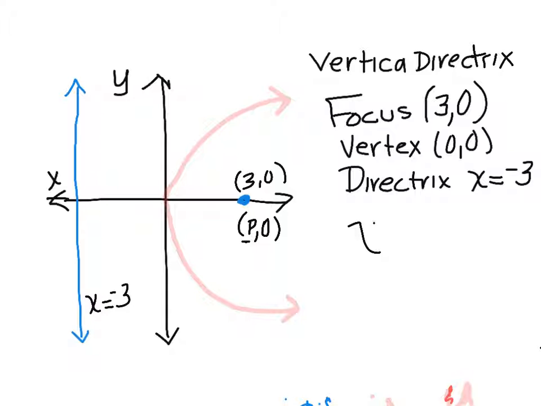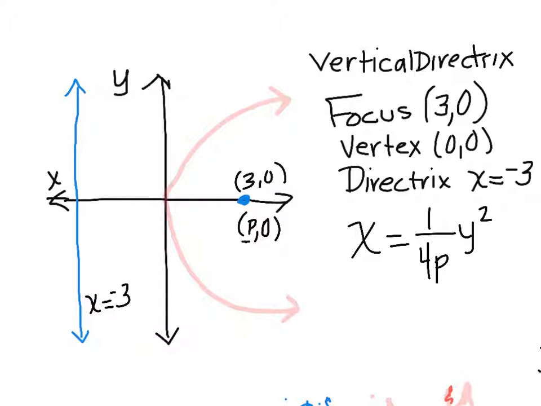So the equation changes for this one, and that is it becomes x equals 1 over 4p y squared, as opposed to the one we used for the horizontal directrix, which was y equals 1 over 4p times x squared. So they have flip-flopped in position, and as the graphs have flip-flopped in position, as you notice, it's on its side now.